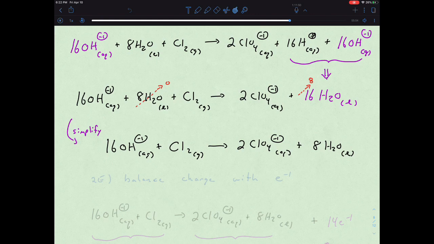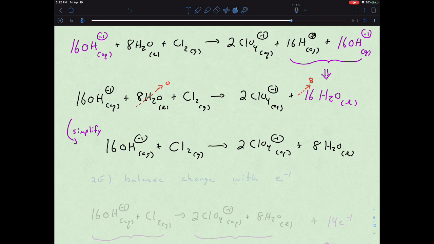From the atom balancing standpoint, that's why I add the same number of hydroxide to both sides of the reaction. I'm adding the same amount of OH to the starting material side as OH to the product side. And in that way, it does not actually change my atom economy or the balancing that I've already done.